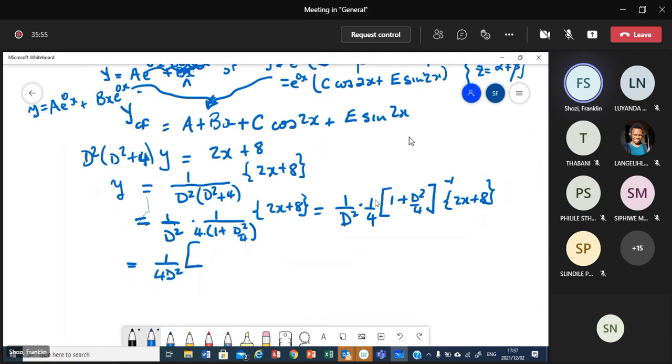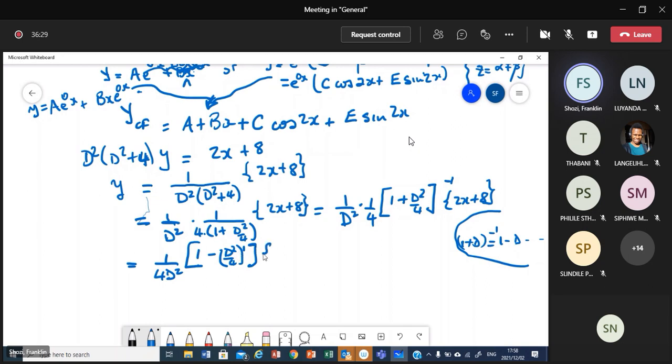And what are the terms that come out of that? Just think of it as 1 plus D to the power minus 1, whose terms are 1 minus D, and so on. So the expansion, the terms here are 1 minus, then the second one is going to be D squared over 4, to the power 1 as being D, because this D is already D squared. But as far as this is concerned, I'm supposed to stop here because this is already squared.